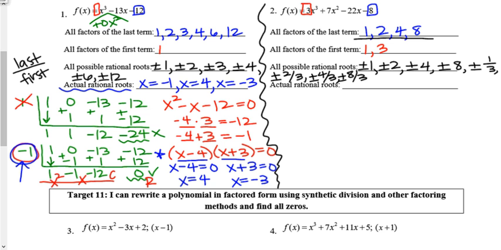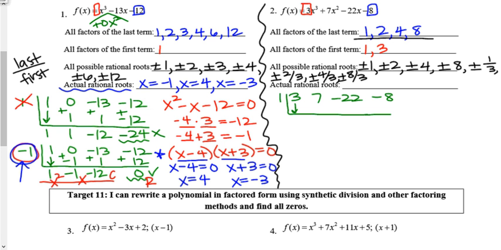I'm just going to start the easy way again. I'm going to start with 1. Let's see, writing out my coefficients. I'm not missing any terms, so I'm just going to go 3, 7, -22, -8.